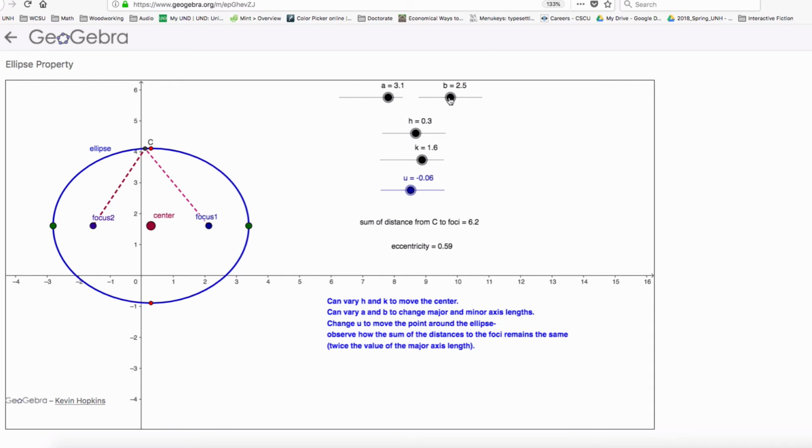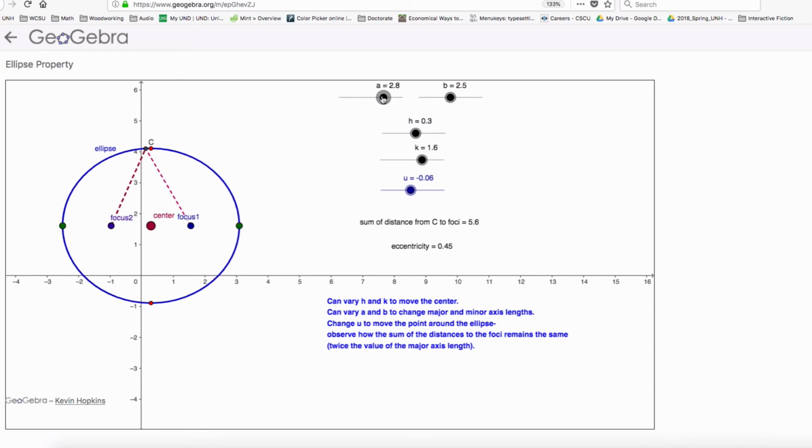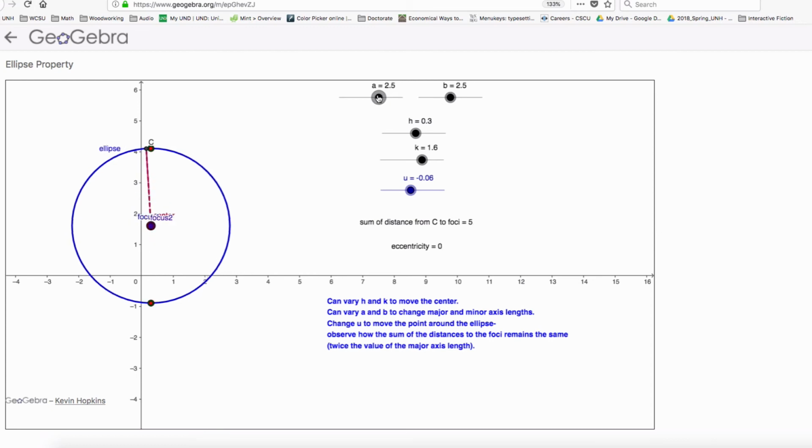And what happens when A is exactly equal to the value of B? We end up having a circle when they're exactly the same. So watch when I slide it now. It's acting just like the radius of a circle. That's why I called that other thing an elliptical compass, the string thing that Mrs. Edge did.